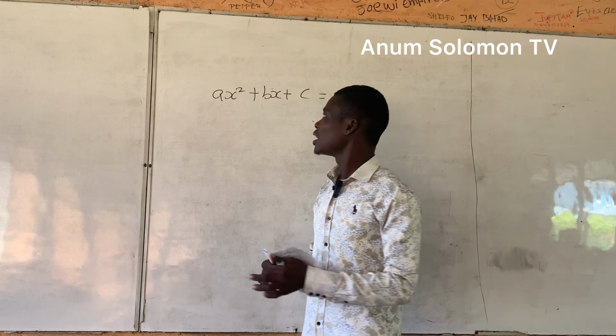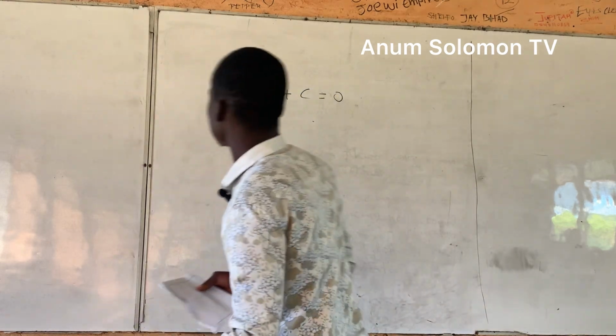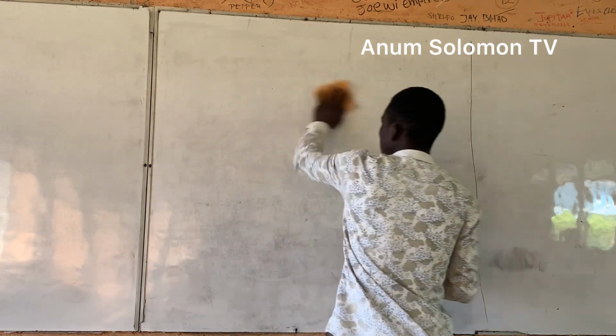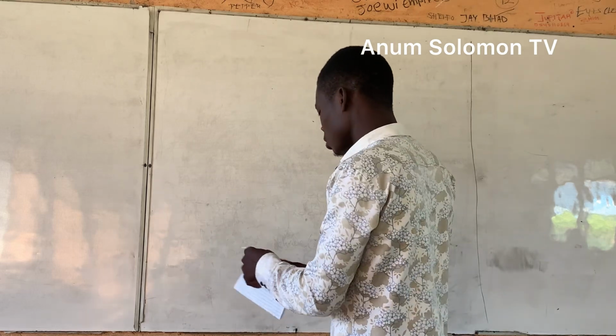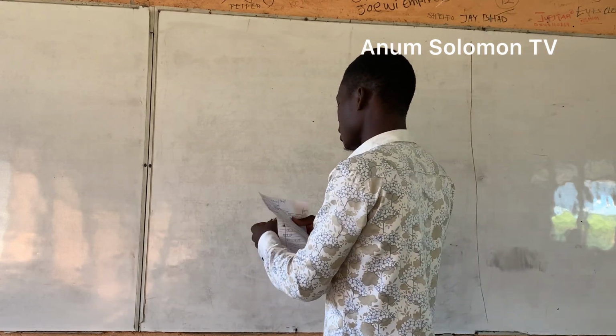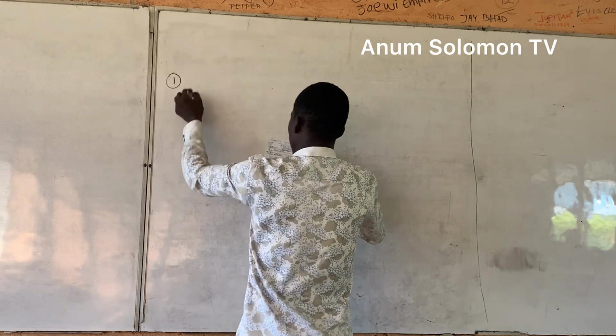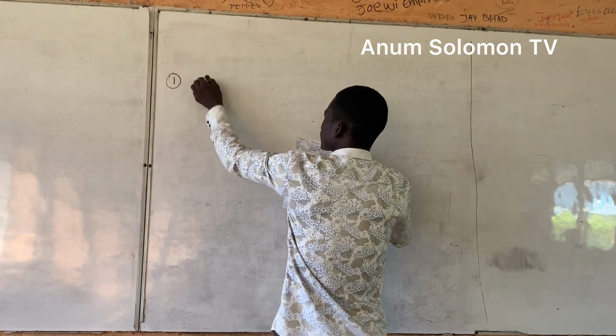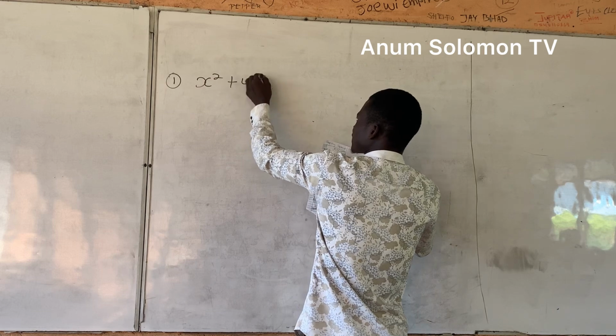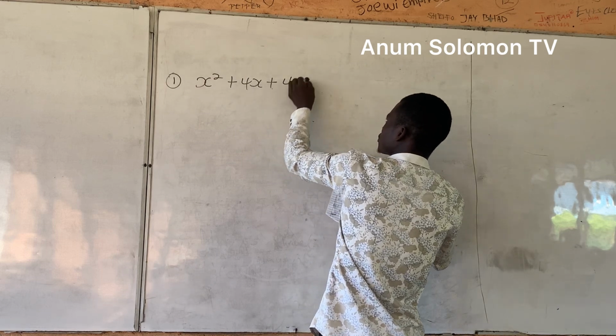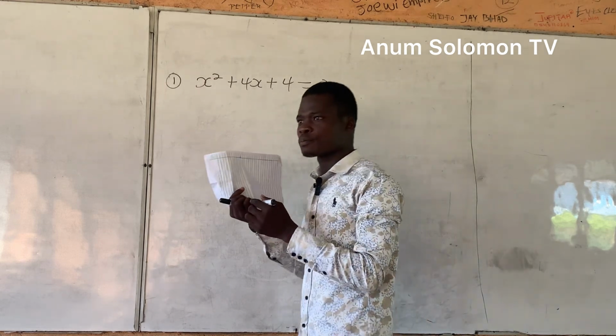Now, let's move on to take a typical example. Example 1: we are to use the method of completing squares to solve x squared plus 4x plus 4 equals 0.